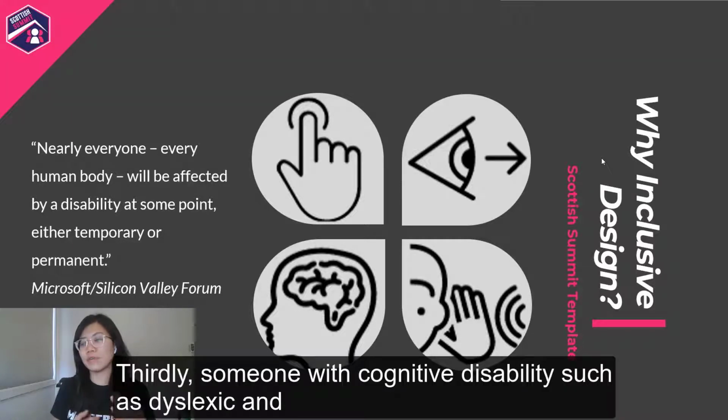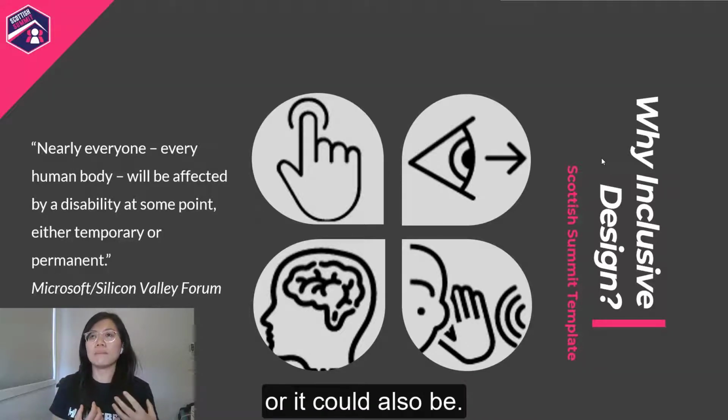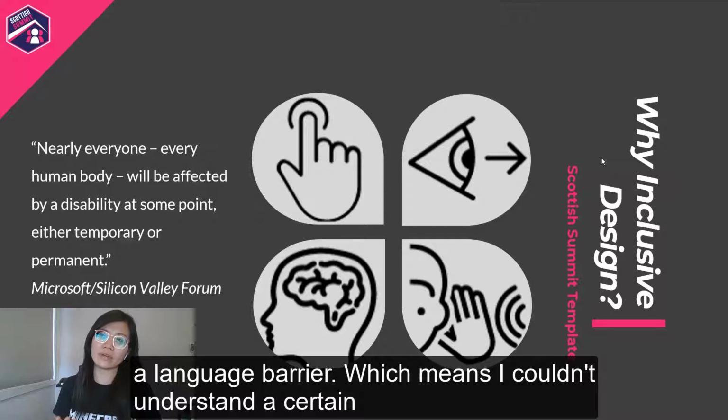Thirdly, someone with cognitive disability such as dyslexia, maybe they have a learning disability, they couldn't read, or it could also be a language disability, a language barrier, which means I couldn't understand a certain language.